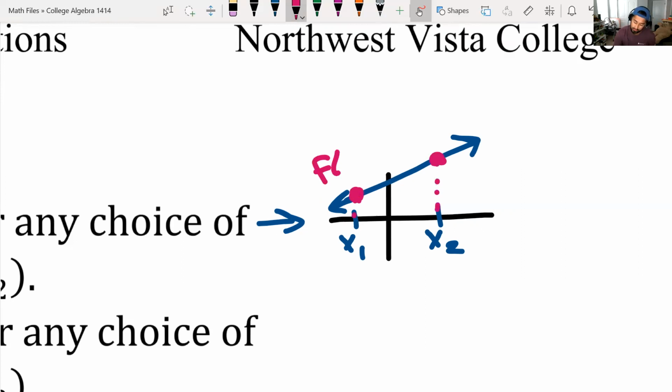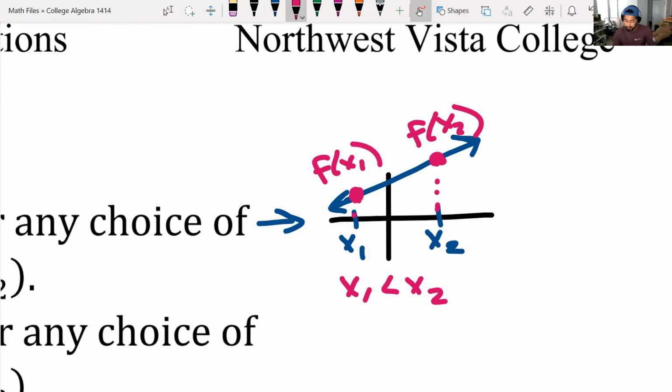This is f of x1, this is f of x2, and by definition, it said x1 is less than x2, which is true based on my graph, right? If x1's to the left of x2, then x1 is definitely smaller than x2.